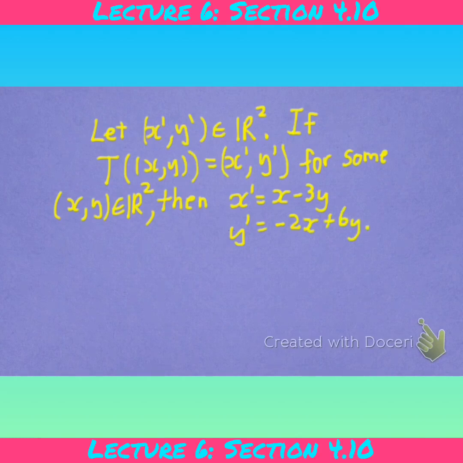Now the question is, does this always happen? Right, so there we've got the two expressions. Therefore, we need x prime to be x minus 3y, and we need y prime to be minus 2x plus 6y.